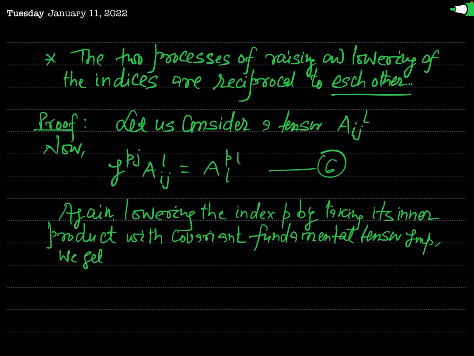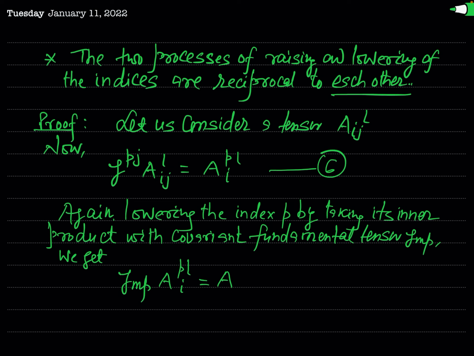We get what we will get. You can see this is g sub mp multiplied by this A super PL sub I. Now what will be the result?